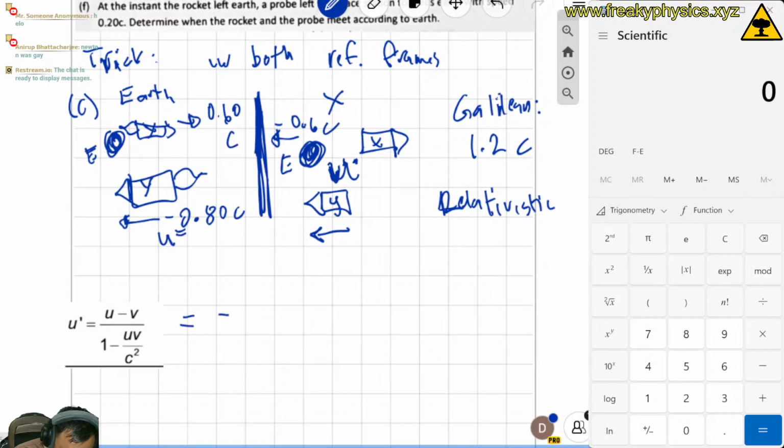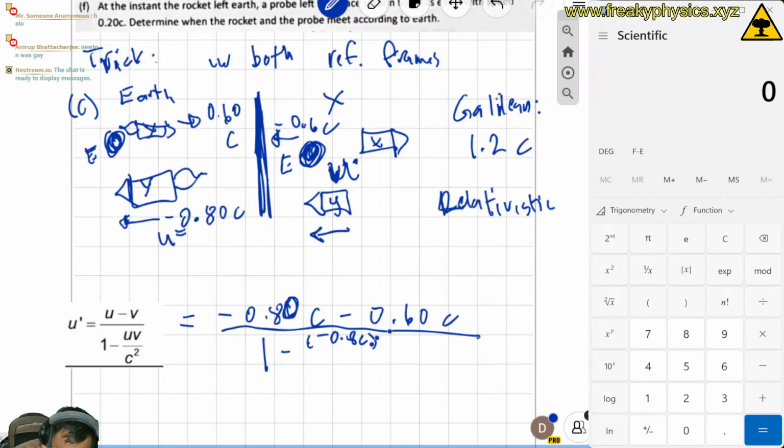Our U is negative 0.8 c, and our V is negative 0.6 c. Then we do 1 minus negative 0.8 c times 0.6 c all over c squared.